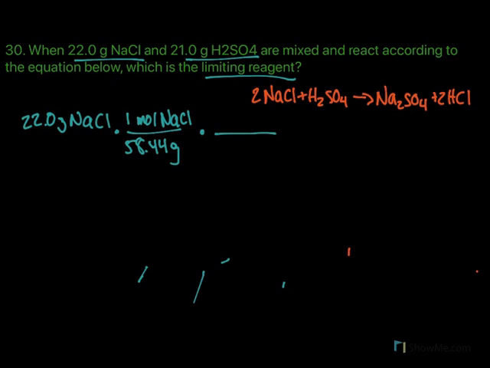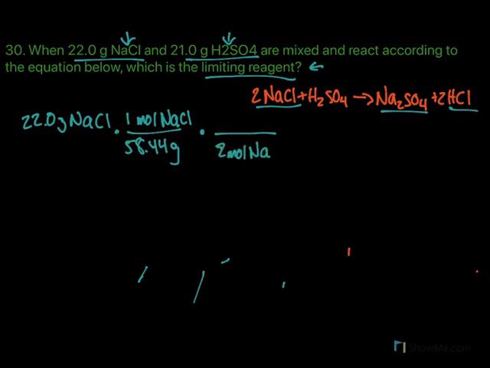Now we can look at our equation. We've got 2 moles of sodium chloride for every 1 mole of sodium sulfate. And you may say, why are you picking that one? Why not this one? Well, you can do either one. You just have to use the same one for both of these reactants. Either way, you will get the same answer, at least as far as which one would run out first.